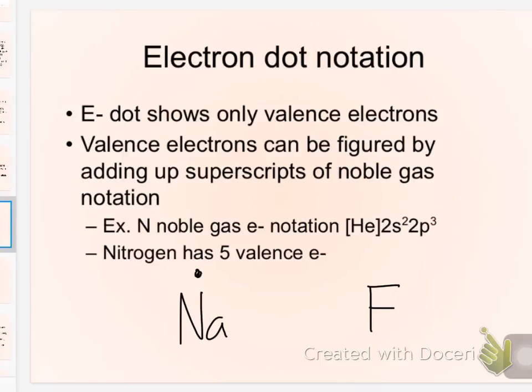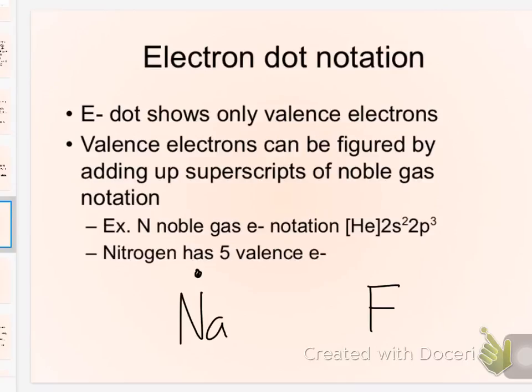I hear mutters. Some of them are correct. I think I heard somebody say 4. That is not correct. Okay, 7. I heard a few 7s. Yes. 7 valence electrons. 17 minus 10.